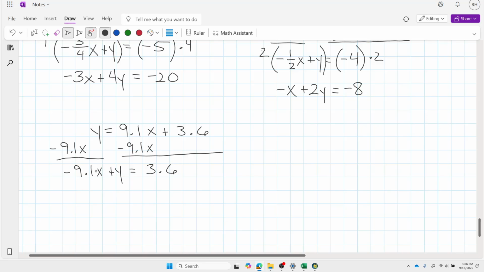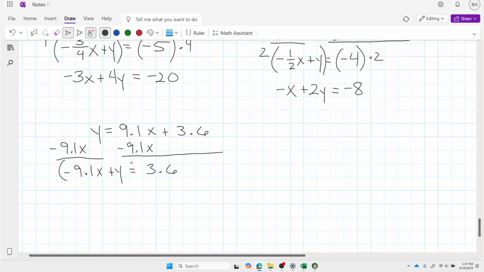And now, if your decimals just have one number to the right of the decimal, then multiply everything by 10. If you have two numbers to the right of the decimal, multiply everything in the equation by 100. That will get rid of the decimals.